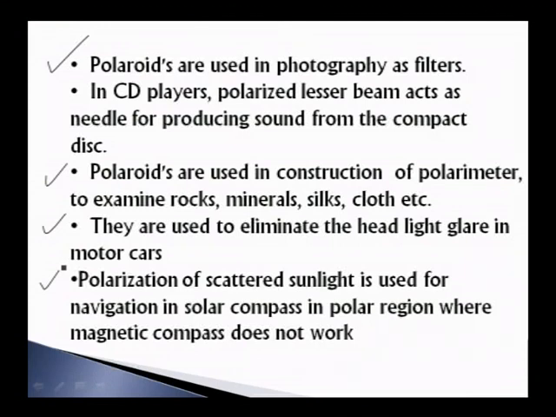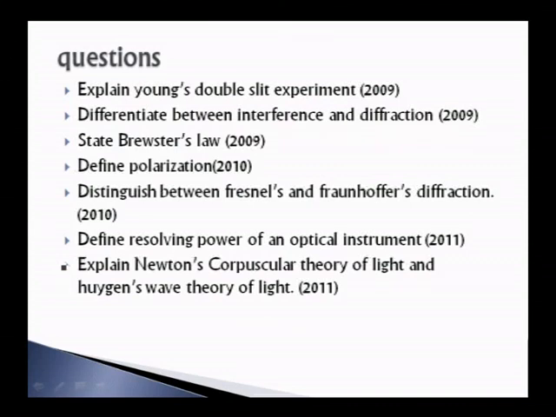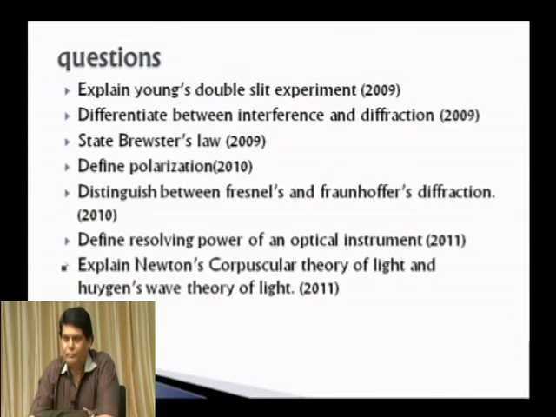Then they use the concept of polarization, and they carry what is called a solar compass. Whatever sunlight falls gets scattered and polarized. By using this solar compass, they navigate. So this is all about what we call polarization.